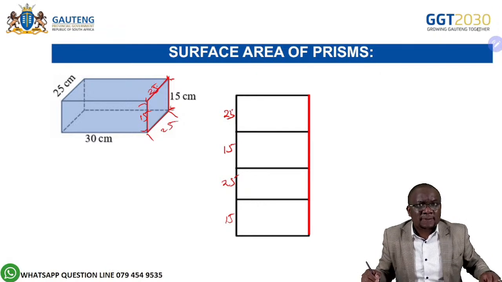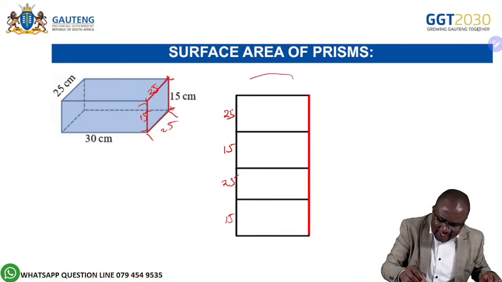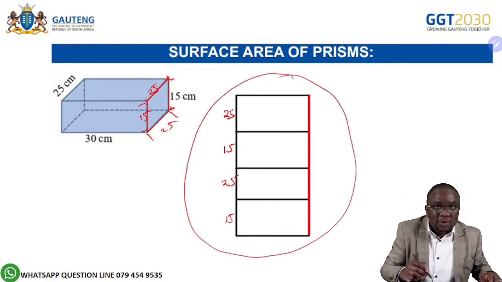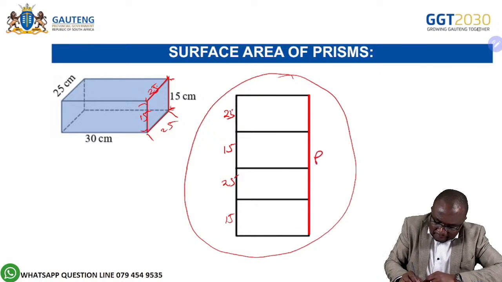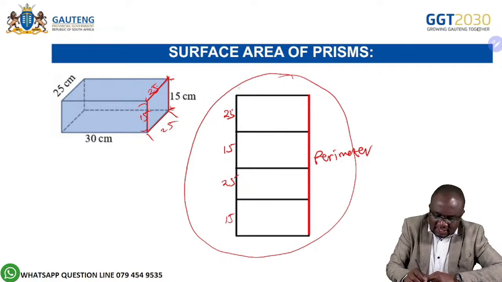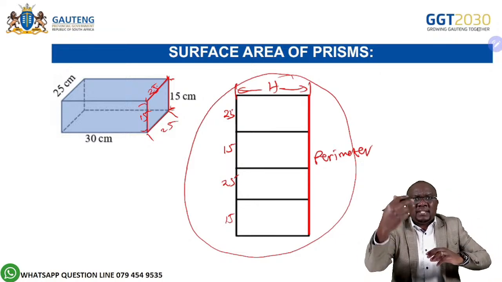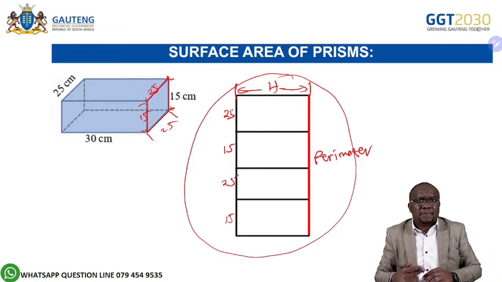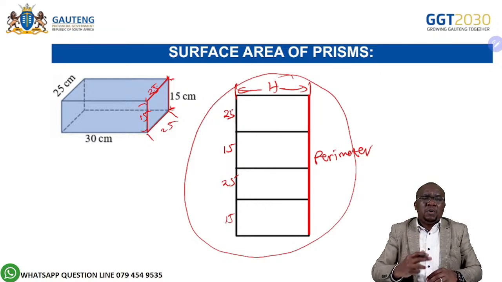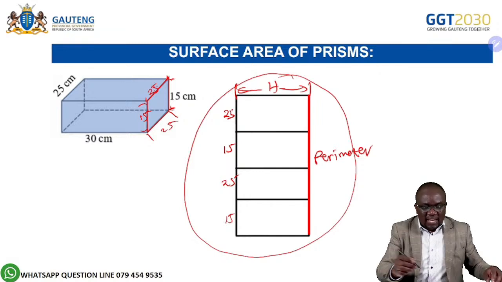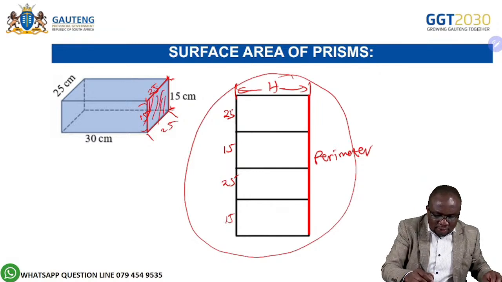Of the base. So to find the surface area of this part, we can just say the perimeter of the base times the height of the prism. Then we have found the area of the lateral faces. Then we just add the areas of our bases.